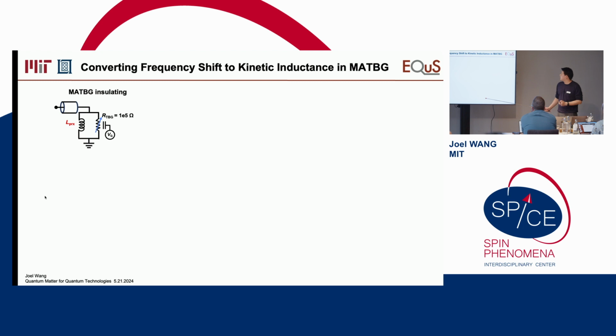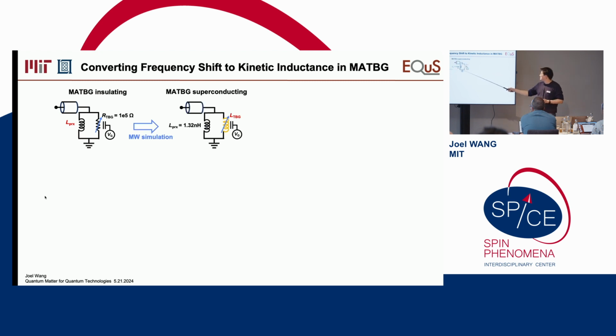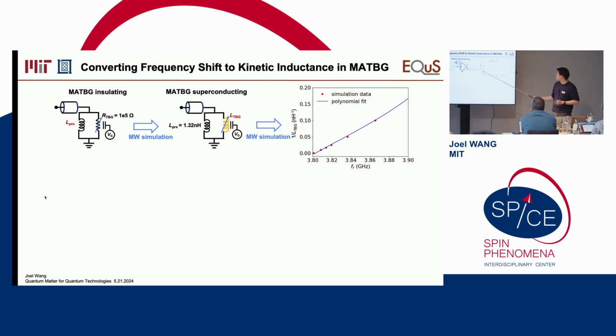The methodology is that for each of the devices, we put in the resistance and we scan for the proximatized inductance, and then we set that, and we can extract the kinetic inductance by comparing to the actual device that we measure. From there, we can have a simulation, and we can also extrapolate, basically get the linear relation between 1/L versus the frequency.